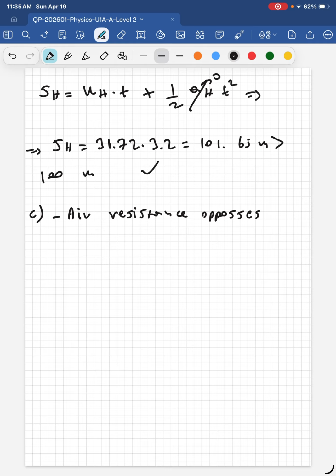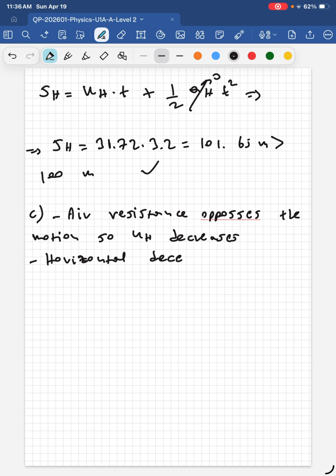Opposes the motion. So the horizontal speed decreases. Okay. The horizontal deceleration reduces the range.